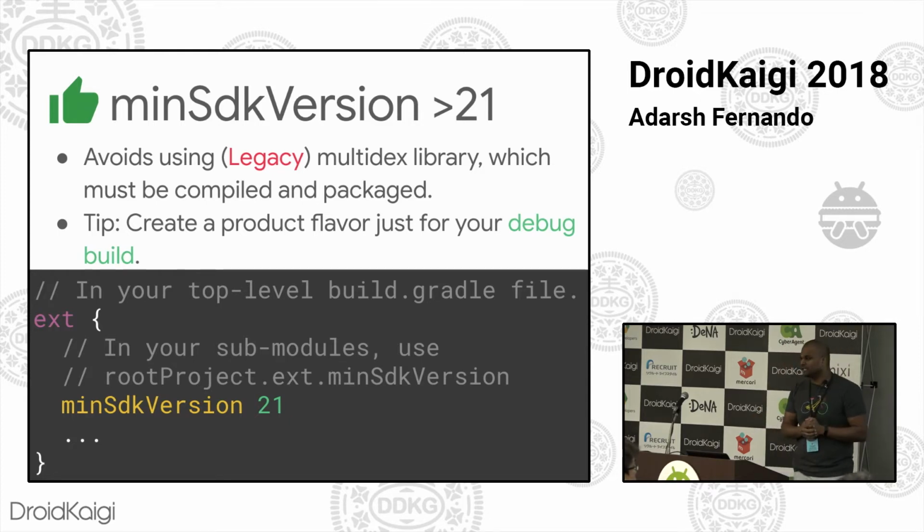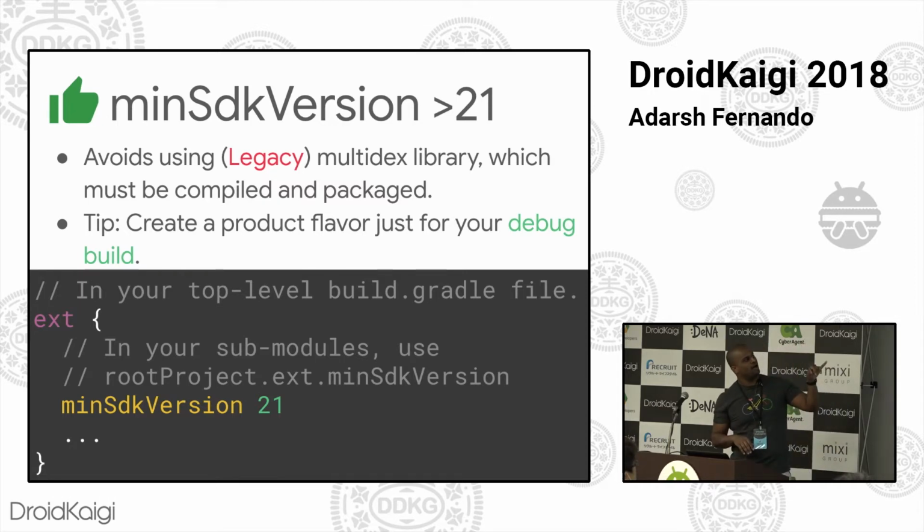You started adding Google Play services that added a bunch of methods, and soon 64,000 wasn't enough. So we introduced the multi-dex library, which gets compiled and packaged with your app when you're on lower than 21, and handles method calls across multiple dex files on the device. It slows down the whole compile process when you're running multi-dex support through that library. 21 and higher has native support for multi-dex.